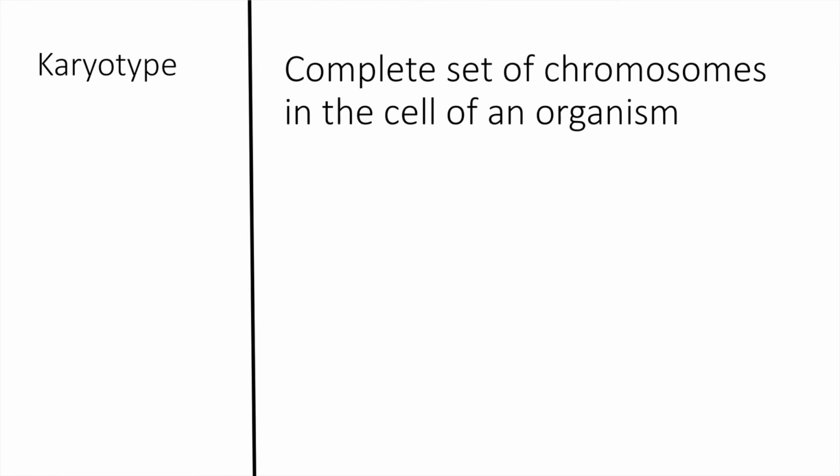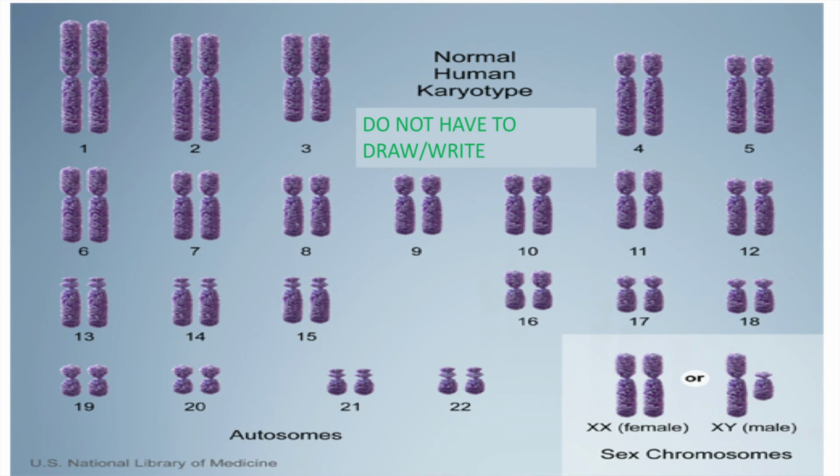When looking at an organism, we call a complete set of chromosomes the karyotype. So for example, if we're looking at all of the different kinds of chromosomal pairs for an organism, this is for the human. There are 22 autosomes, or chromosomal pairs, and then we also have 1 pair of sex chromosomes.